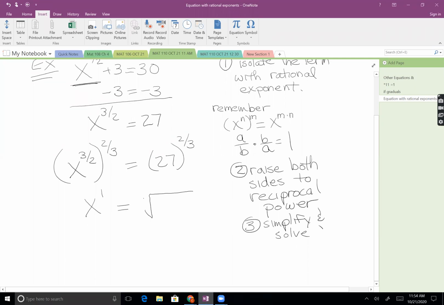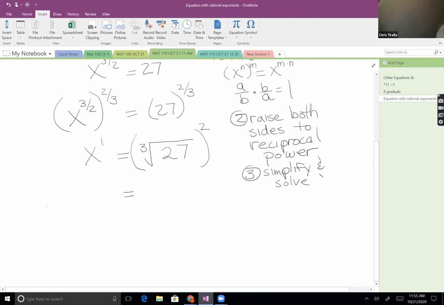The denominator of the fraction becomes the index. The numerator of the fraction becomes an exponent. And the base becomes my radicand. So the cube root of 27 is 3. And when I square 3, I get 9.